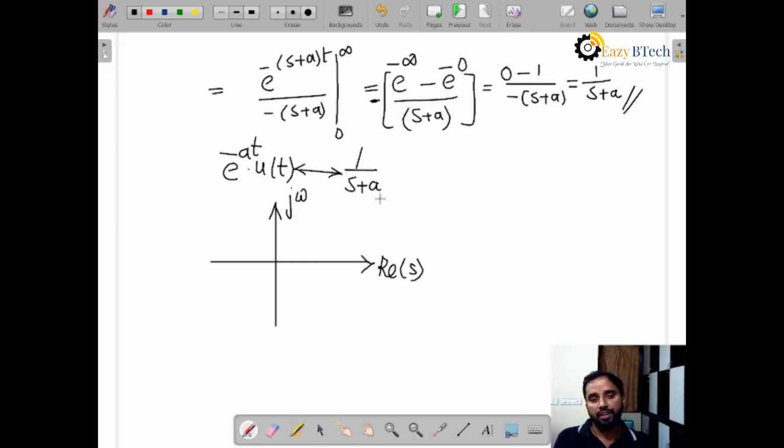So you equate the denominator s plus a equal to 0, s is equal to minus a, right or not? So take the point in the s plane. What is the point? S is equal to minus a, so negative. This is the minus a, right? Now I am drawing a vertical dotted line excluding this minus a. Don't take minus a.